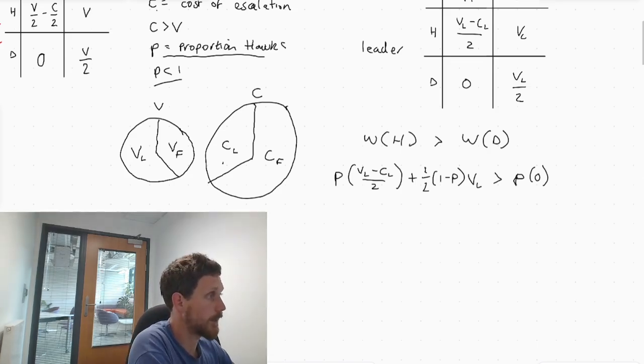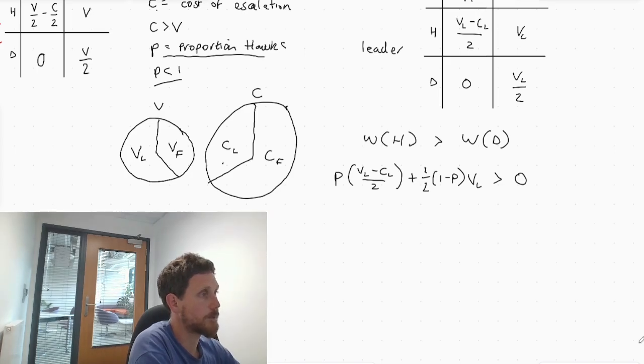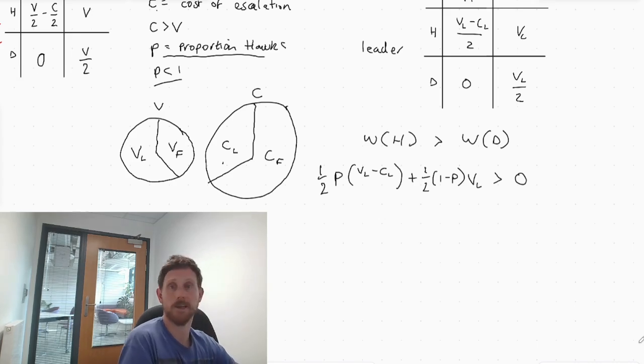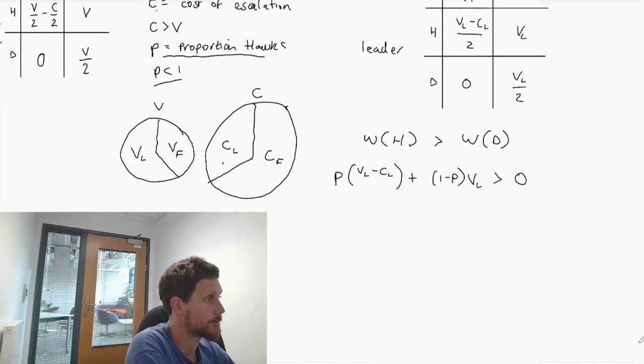We can also evaluate this: P times 0 is 0. What else can we do? We can bring this half on the left hand side outside the brackets as well, and now multiply both sides of the equation by 2. That simplifies things a lot. So we just get rid of the halves.